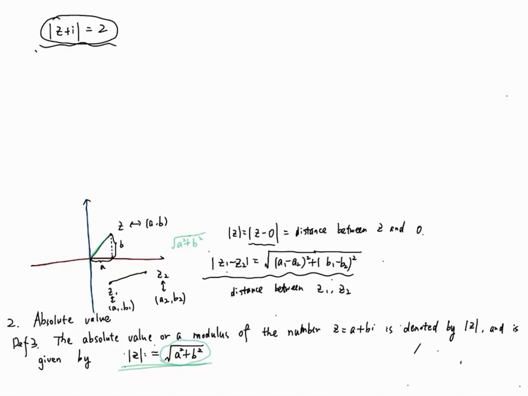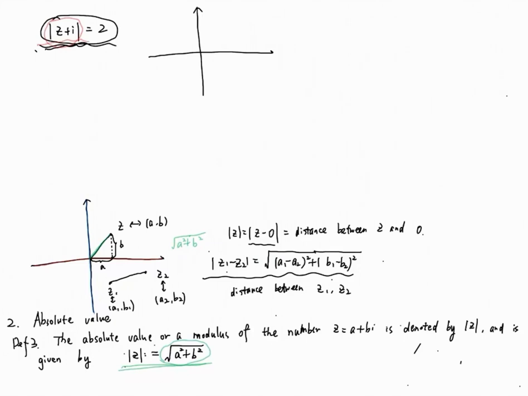Suppose some number z satisfies this equation. On the left of this equation, what's the meaning of the left? This is the absolute value of z plus i, yes.